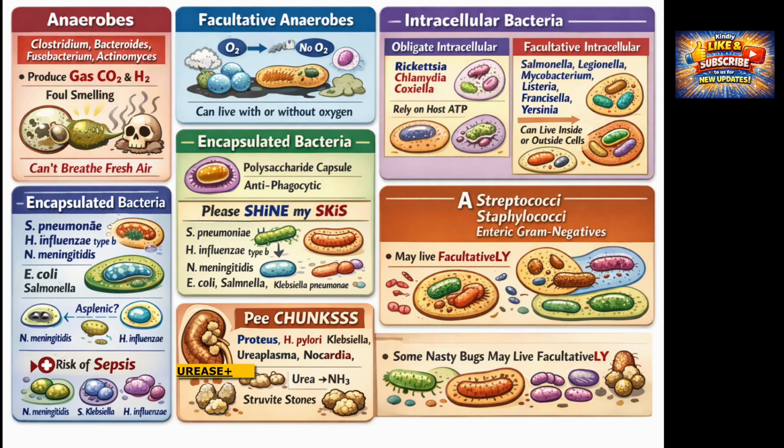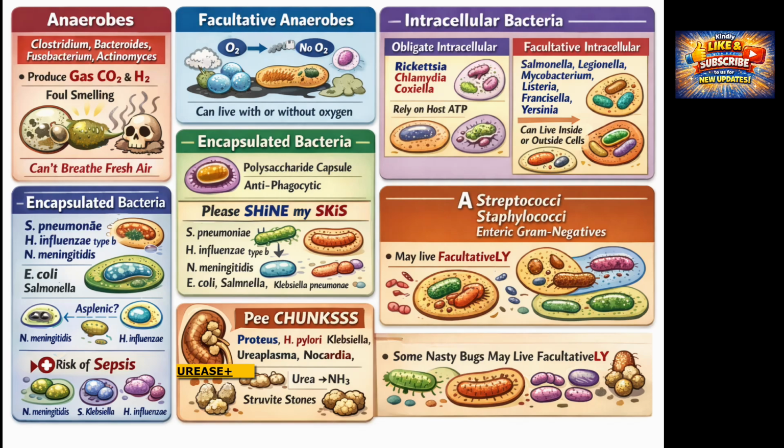Clinically relevant anaerobes commonly tested by examiners include Clostridioides, Clostridium species, Bacteroides, Fusobacterium, and Actinomyces israelii. These organisms characteristically produce short-chain fatty acids during metabolism, which is responsible for the classic foul-smelling discharge associated with anaerobic infections, a frequent clinical clue embedded in vignettes.